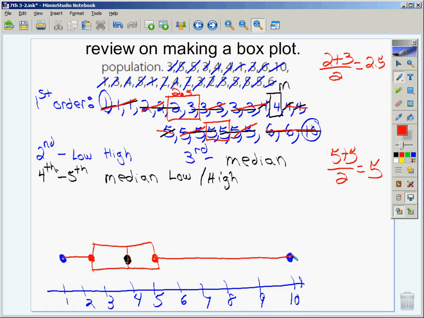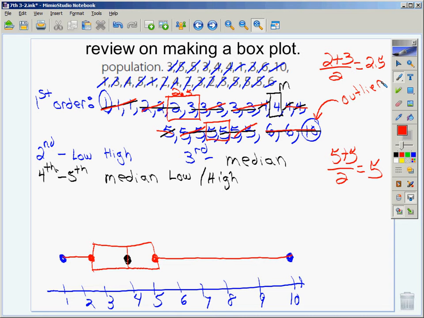What number didn't fit in very well? This 10. This is really an outlier. Look, the distance between 1 and 2 is only 1. 2 and 3 is only 1. 3 and 4 is only 1. 5 and 6 is only 1. But from 6 to 10 is how far? It's 4 units away. It didn't really fit.